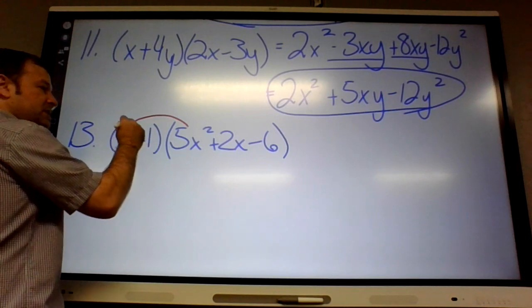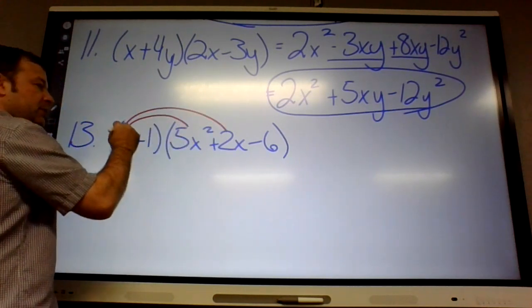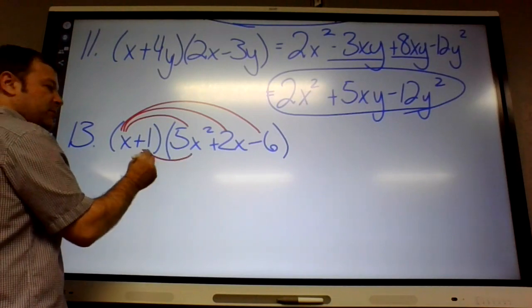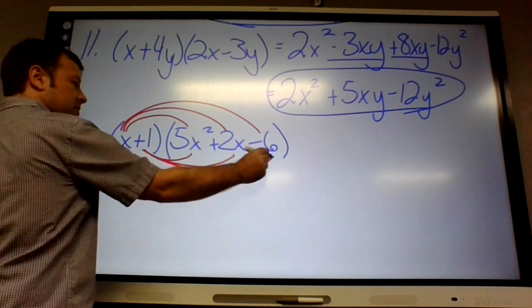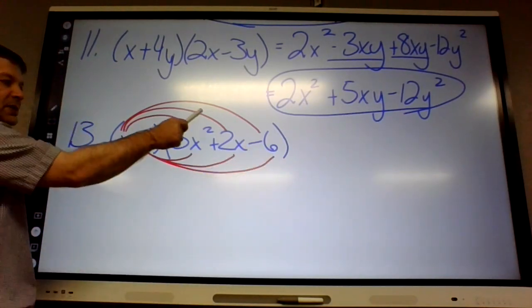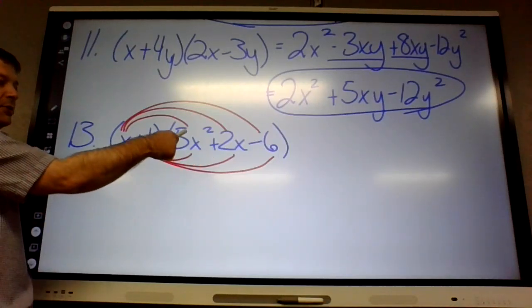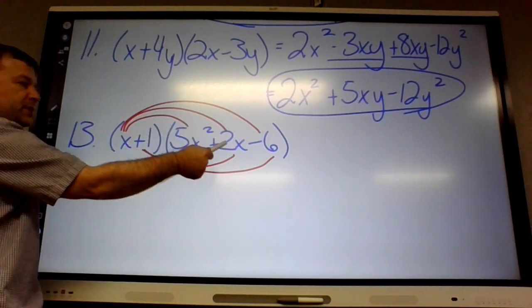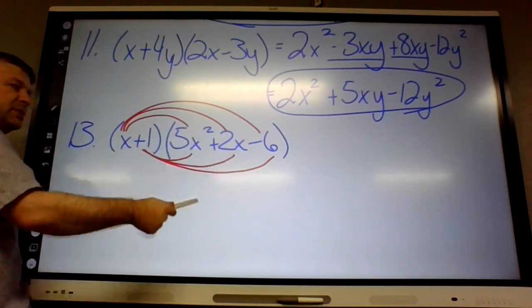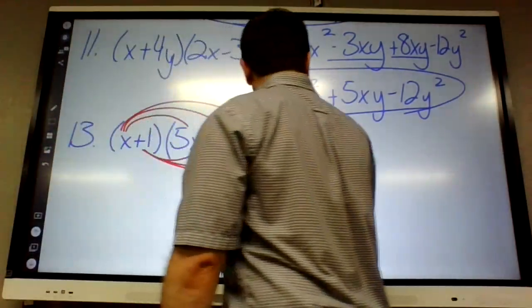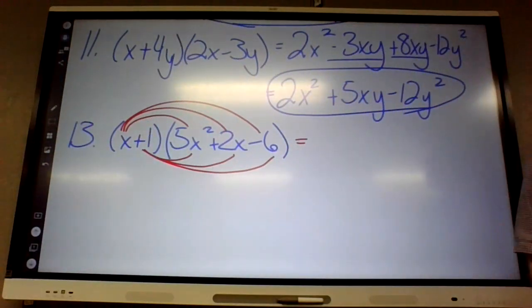It's basically just double distributive property. x gets multiplied on all those, and the 1 gets multiplied on all those. So there should be 6 terms after we multiply. Okay, you could also go 5x squared times both of these, 2x times both of those, 6 times both of those. But yeah, so looks kind of like that.